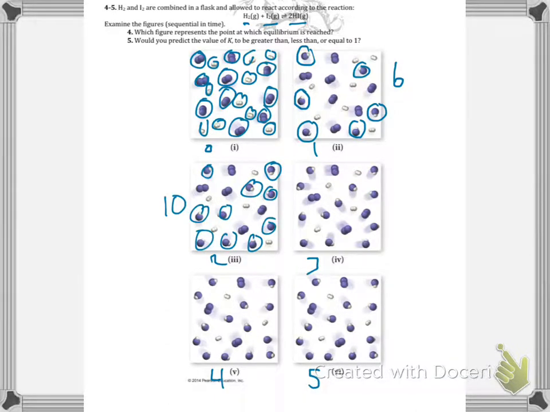Notice how we went from 0 product to 6 of the product to 10 of the product. Now, what's going to happen once we reach equilibrium? Well, the amount of product will not change. And so go ahead and pause the video, count how much of the product is in each picture, and determine when equilibrium has occurred.